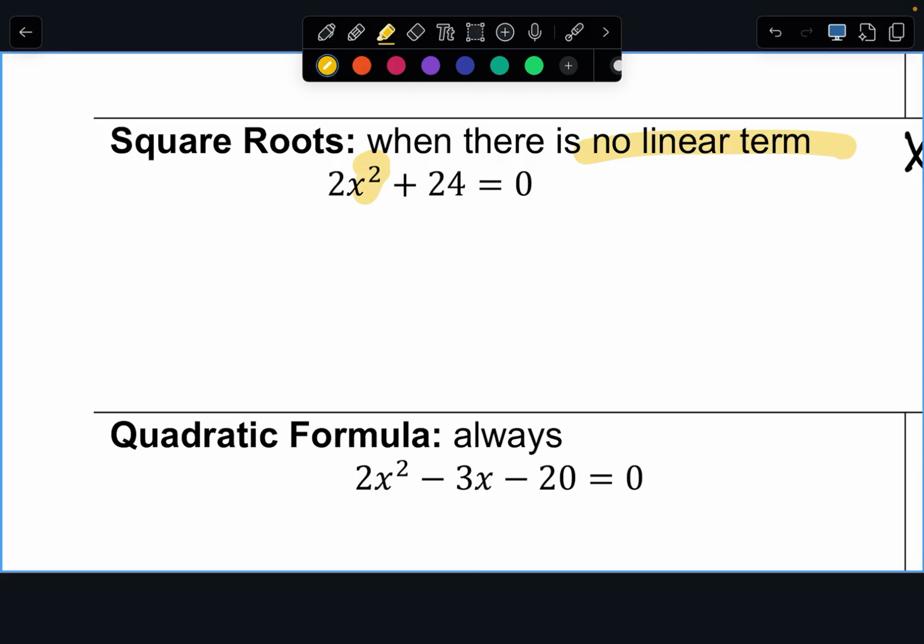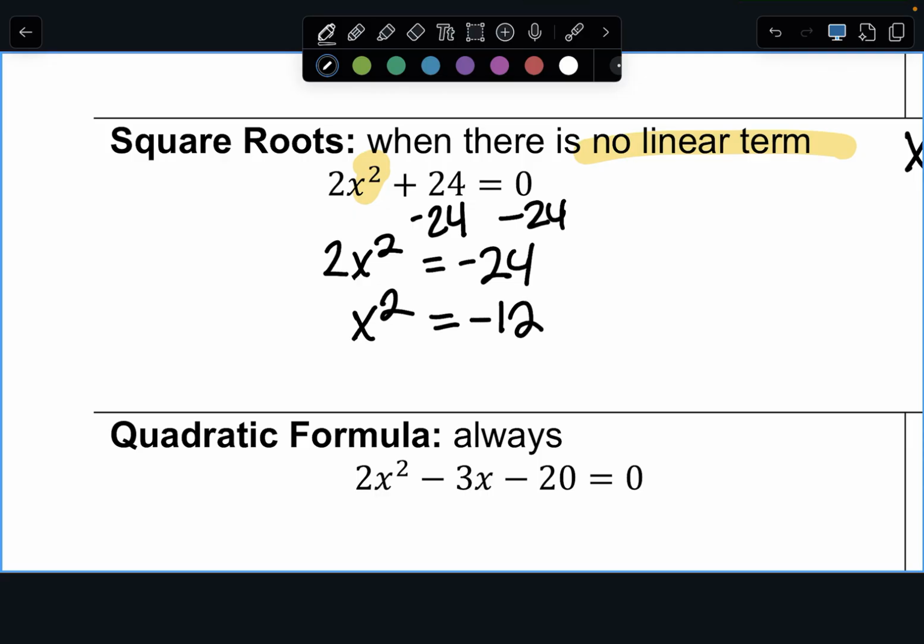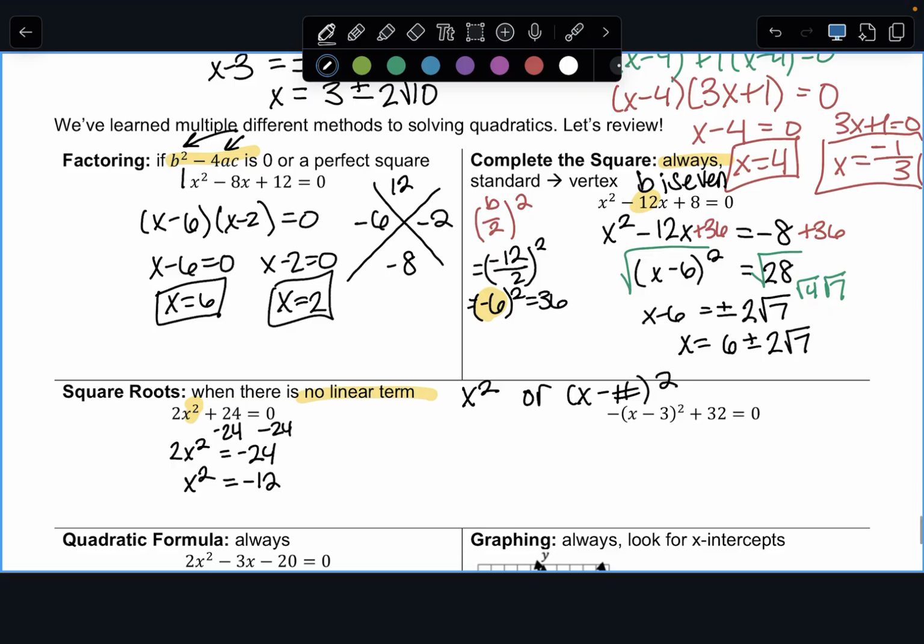What should I do first? Move over the 24. So 2x squared is equal to negative 24. Okay, now what? Divide by 2, we get x squared is negative 12. And now we're back into something that we just did up here: something squared is equal to a number.